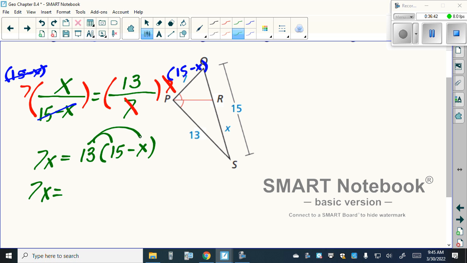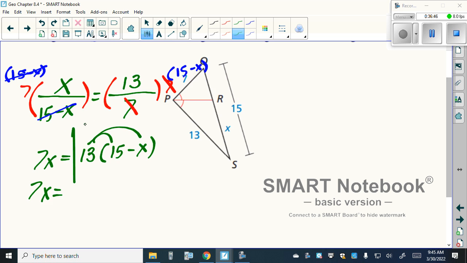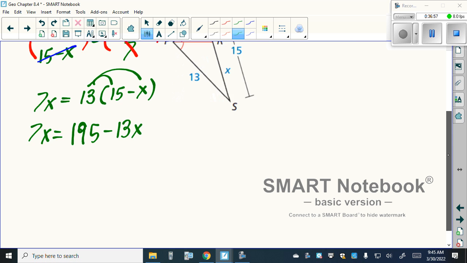We need to distribute the 13. So 13 times 15 is 195 minus 13x.